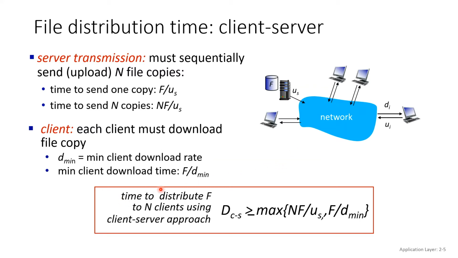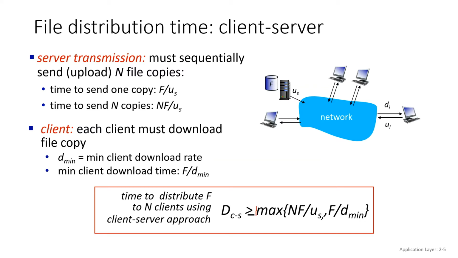So the download time from the server to the client, given the download rate, is basically the file size divided by the download rate. That will give you as well the minimum client download time for the client.